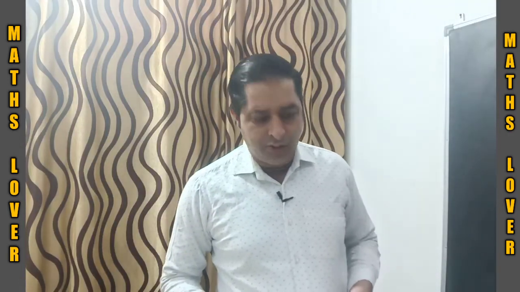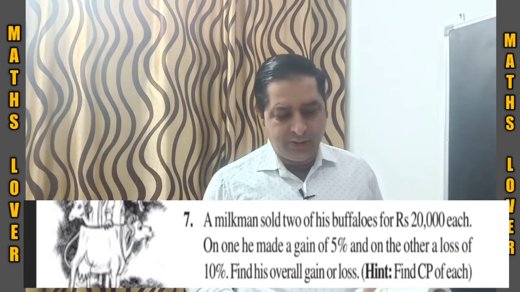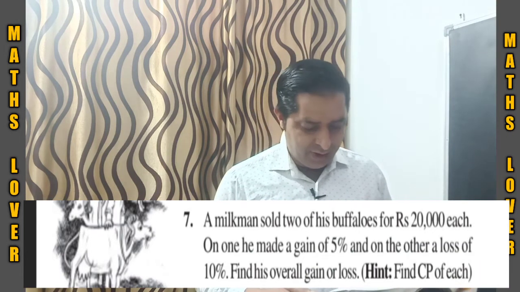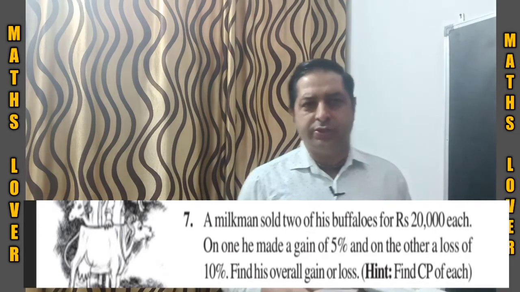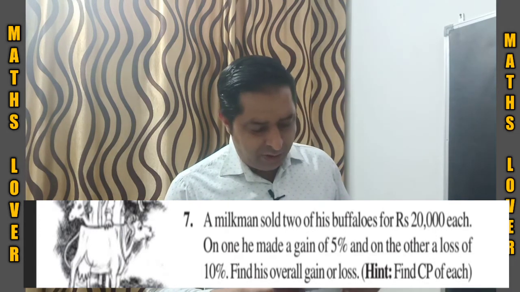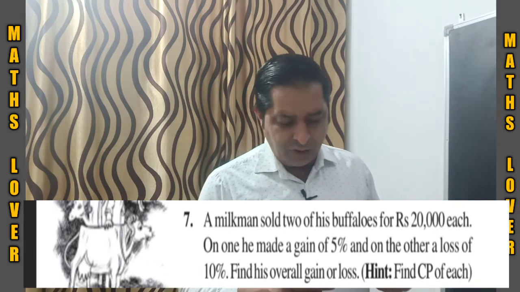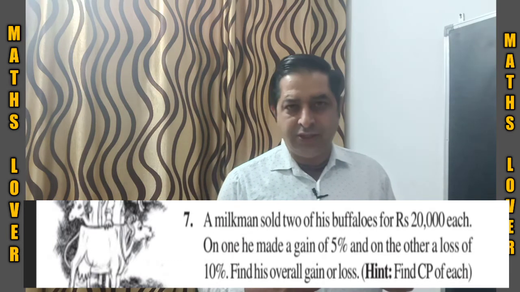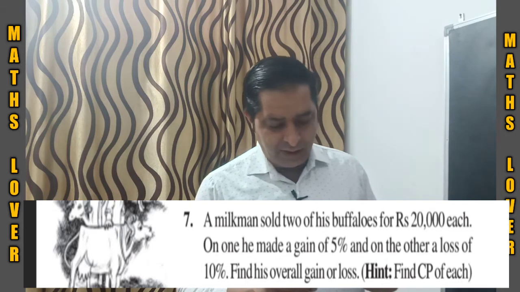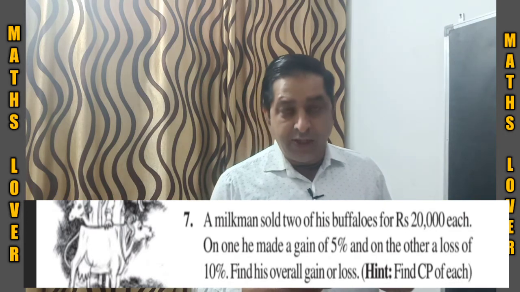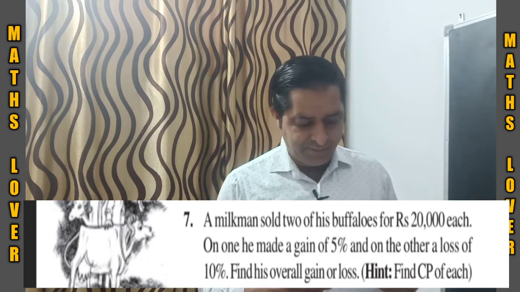Exercise 8.2, class 8th, chapter Comparing Quantities, question number 7. Very, very important question. A milkman sold 2 of his buffaloes for rupees 20,000 each. On one, he made a gain of 5% and on the other a loss of 10%.